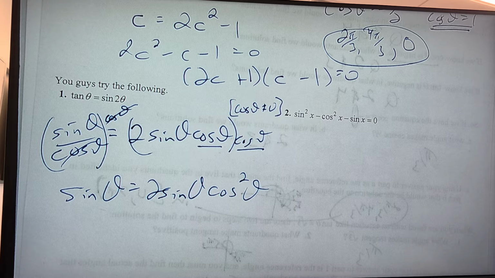You can divide both sides of an equation by anything you want to, except 0. Can sine be 0? Yeah. So then you can't divide by it, because it could be 0. Do you know it's not 0? I don't know what theta is, so it could be 0.